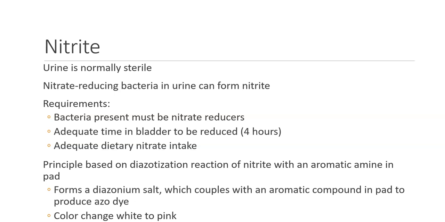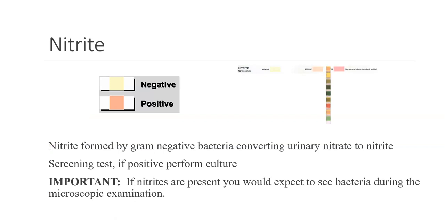The principle is based on the diazotization reaction of nitrite with an aromatic amine in the pad. This will then form a diazonium salt, which couples with an aromatic compound in the pad to produce the azo dye. So the color of the pad will change from white to pink if bacteria is present. This is an example of the nitrite pad.